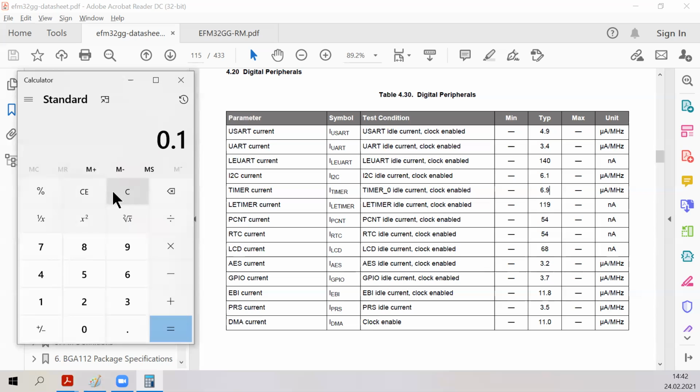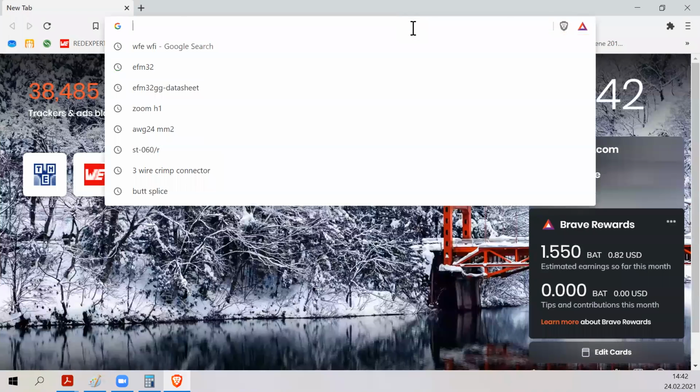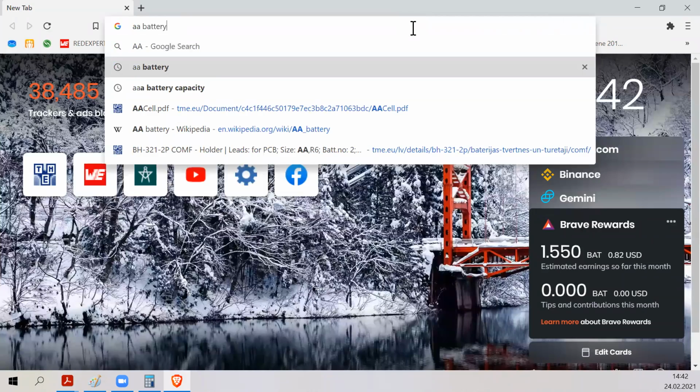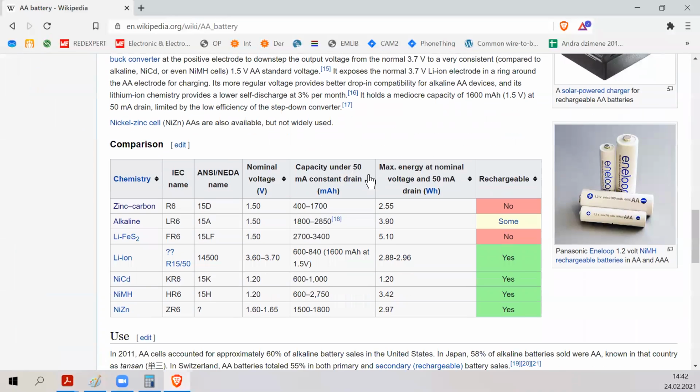And if we, for example, have a battery, let's say we have these AA size batteries. We can check out on the internet, and you will see that their typical capacity, for example, for alkaline, is approximately, let's say, 2000 milliamp hours.